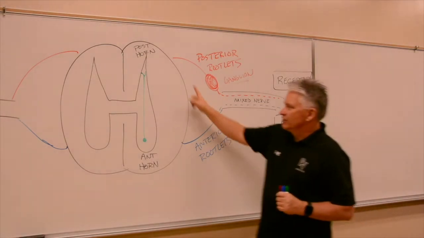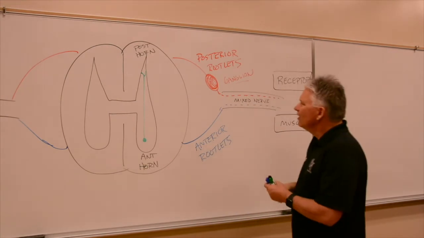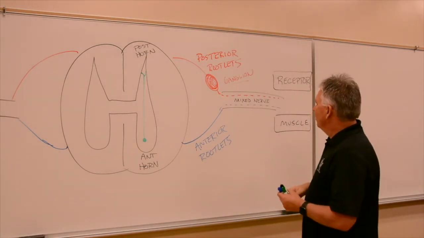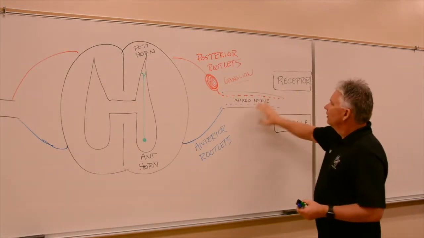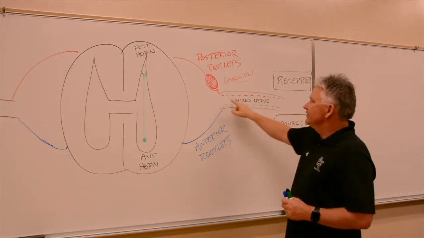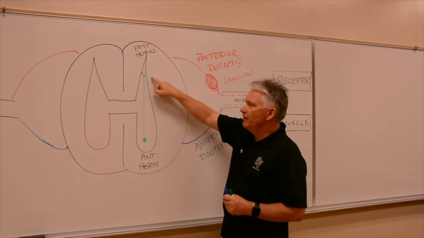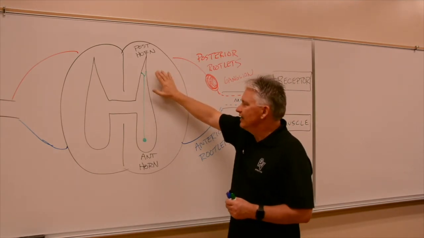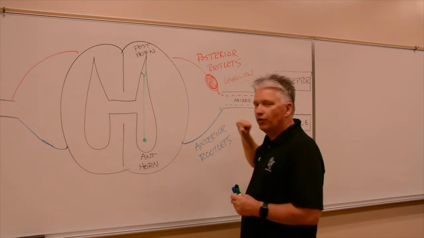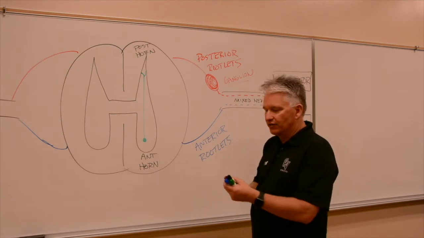But the reflex is being turned around at the spinal cord level. So what do we mean by that? Well, put your hand on a hot stove. You've got a sensory signal that comes in. What we mean by a spinal cord reflex is it's the spinal cord that's going to create the ability for us to move away, to protect ourselves.